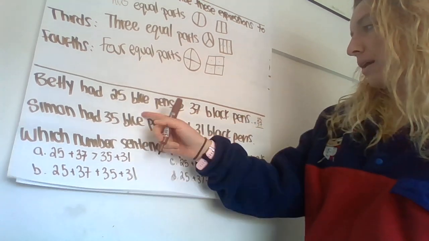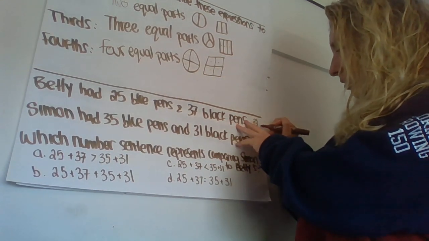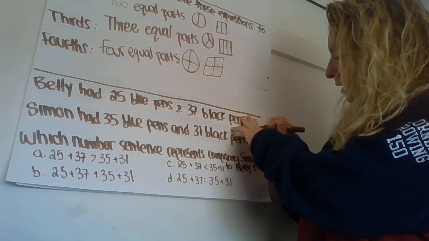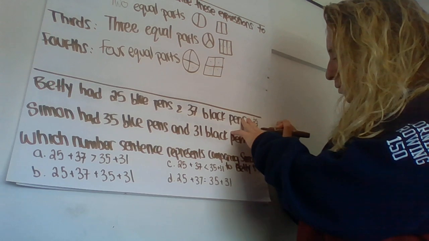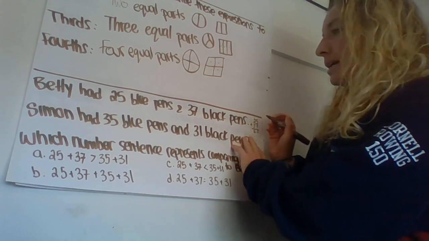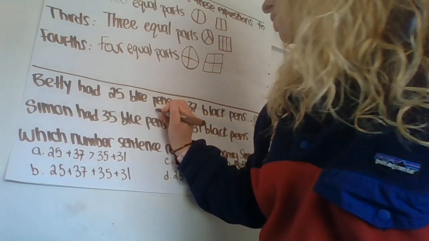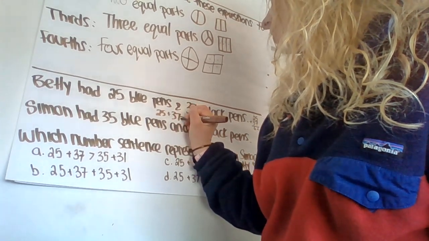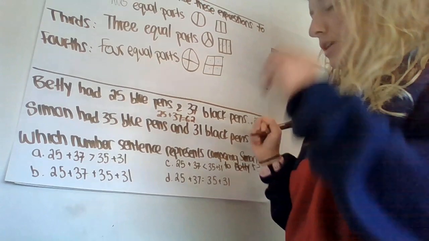So first I'll figure out 25 plus 37: 7 plus 5 is 12, 2 plus 3 plus 1 is 6. So Betty has 25 plus 37 equals 62.